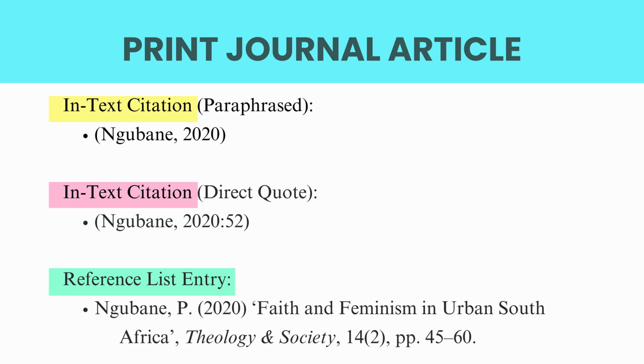Then remember the source locator, because that article that's within this journal is starting from a certain page and it ends at a certain page. You need to give that page range. So you'll say PP, which stands for pages, plural, because it's a lot of pages within that range. So you say PP, and then you say page 45 to page 60 as an example. That's how we're going to enter this journal into the reference list.